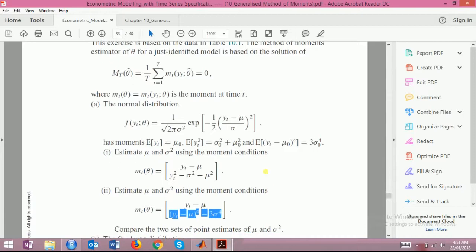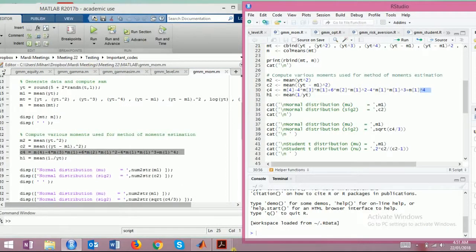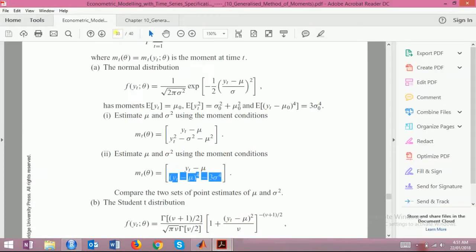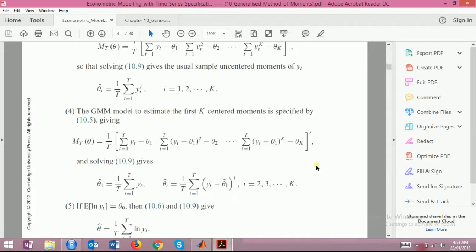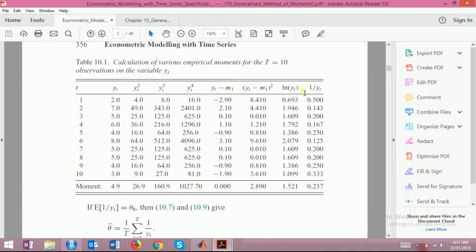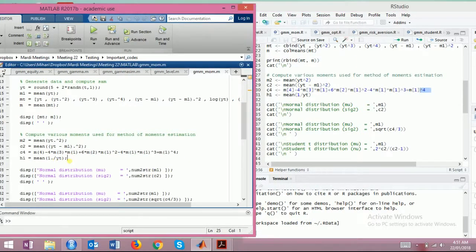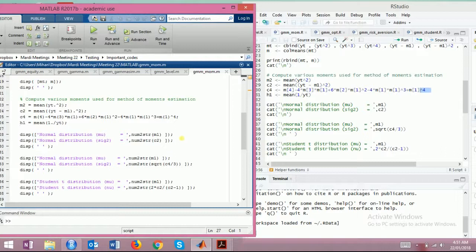which is also something we're estimating, because this is coming from the table, which was, I think, number 4. Yeah, page 5. See, log of yt and then 1 divided by yt. So these are the equations. The normal distribution of mu and sigma squared is M1 and C2.